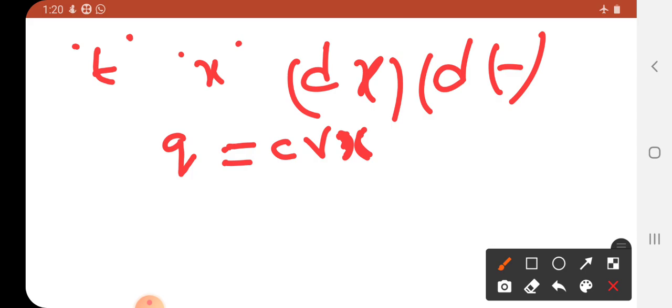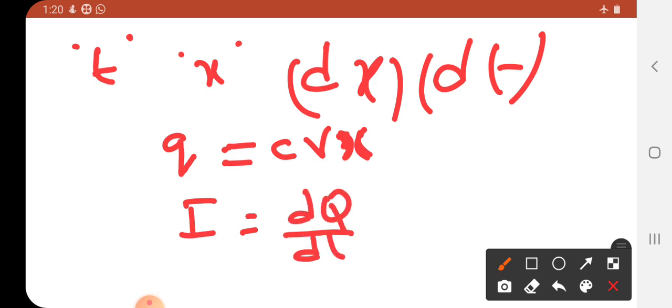Then the current in the conductor: we know the equation for current, I is equal to dq by dt. Now let us differentiate this, substituting the value of q.